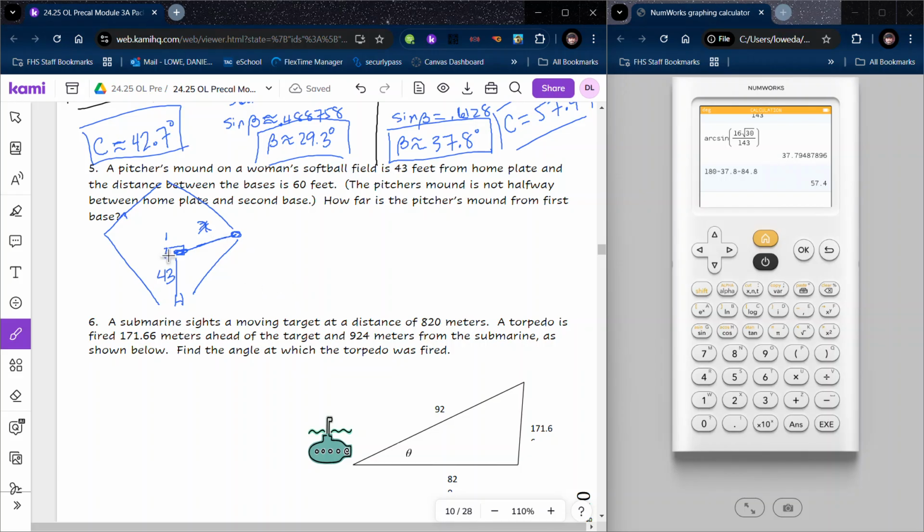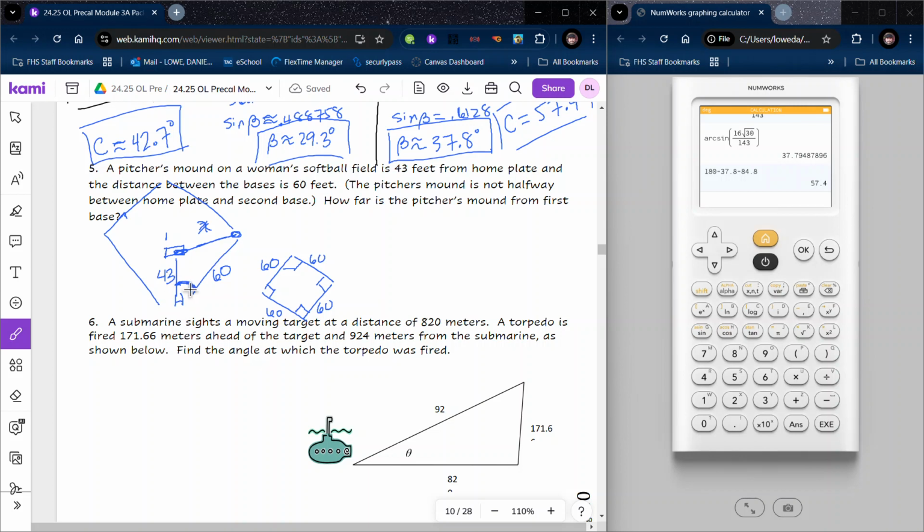Well, it's important to understand my angle over here, that I have 90 degrees for this softball diamond, where the distance between each base is 60 feet. So I can label my piece 60.